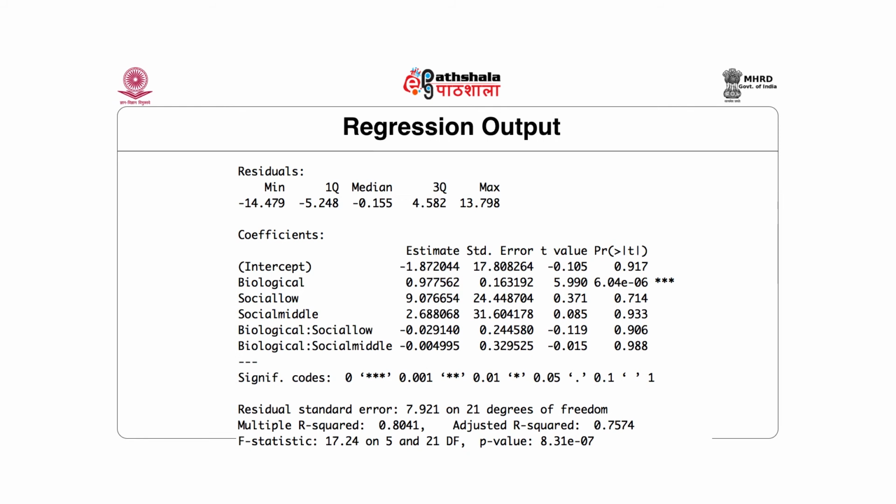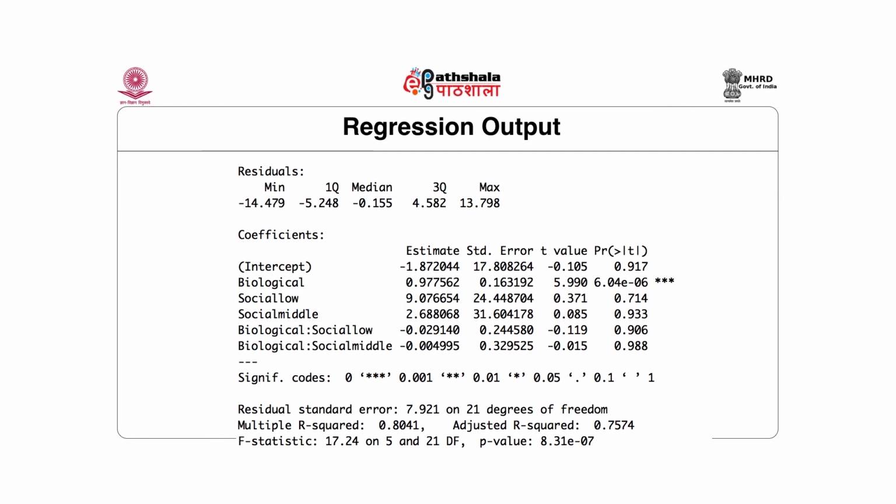So we could see how these things have worked. But you can see that the social class didn't really matter in this as much as we can see here. The only thing that really mattered was the biological parent, and that kind of explained it. And the model is statistically significant, and it explains about 75% of the variability.